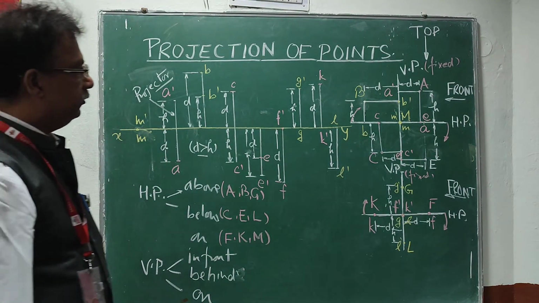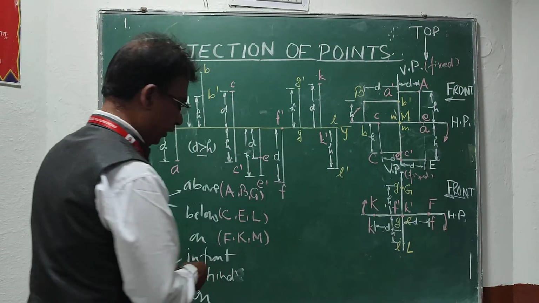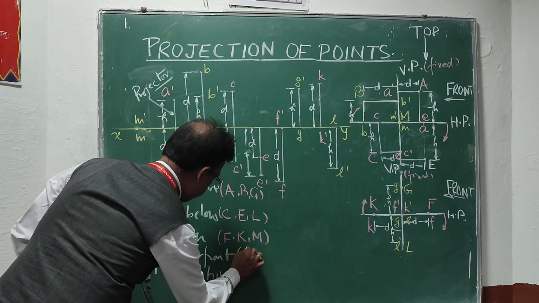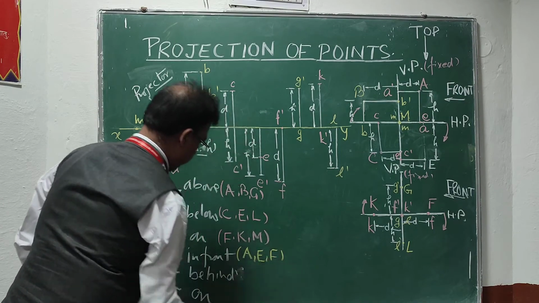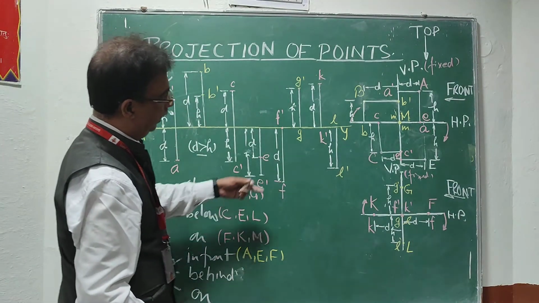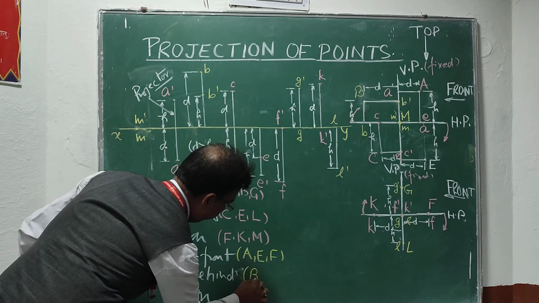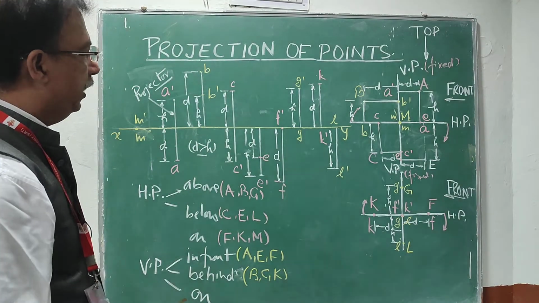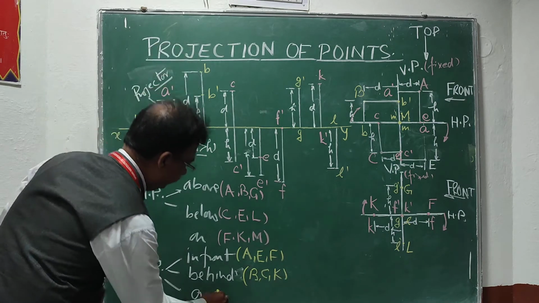So if I look at these figures, 3 points A, E and F are in front of VP. The points which are behind VP are B, C and K. And those points which are on the VP are G, L and M.